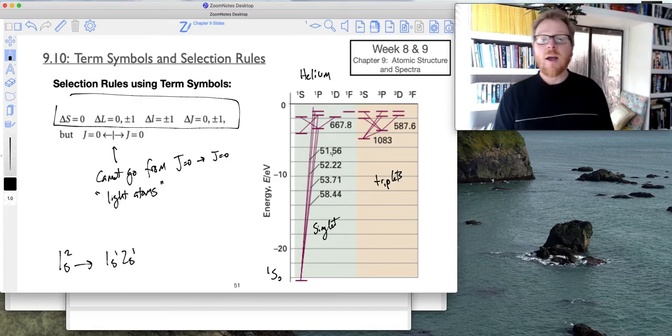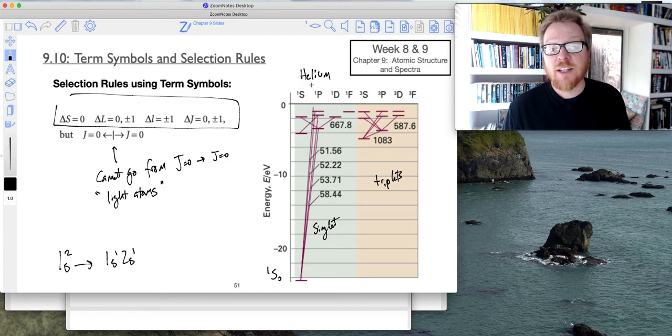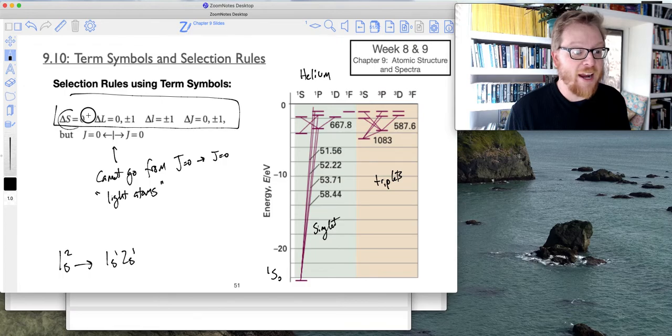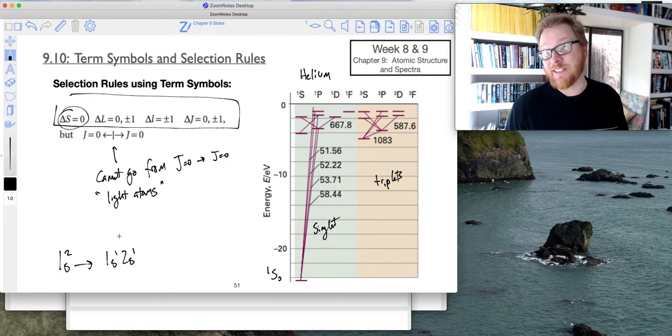Okay. But what's important to note is there are no singlet to triplet conversions. That's forbidden. And that's given right here: delta S has to be 0. So that is a forbidden transition to go from a triplet to a singlet.